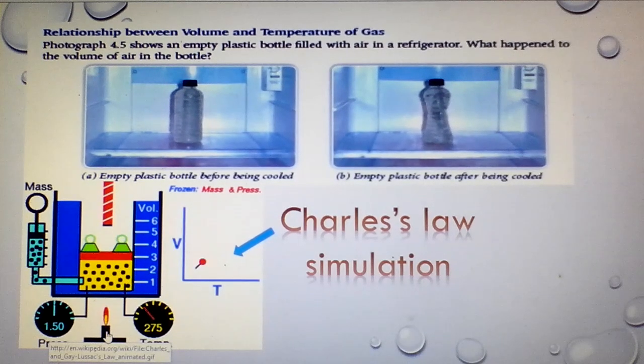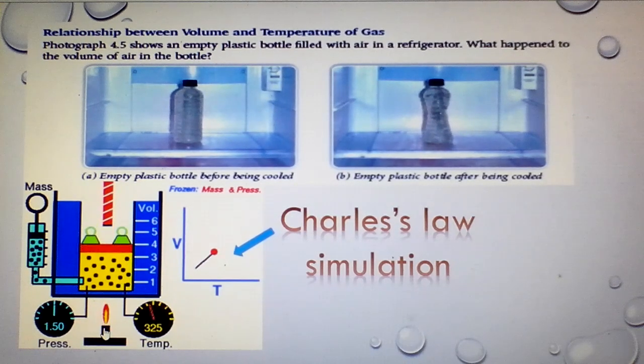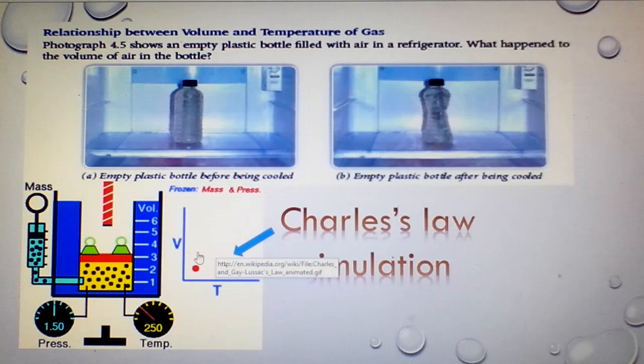Then we supply heat. When we supply heat, the temperature starts to increase. When temperature increases, the molecules move faster, or increase their kinetic energy. This causes the piston to move up, or we can say the volume of the gas or air increases. From here we can see the graph that we get.